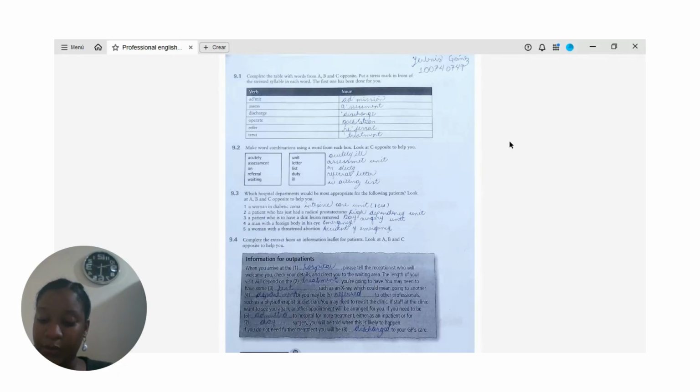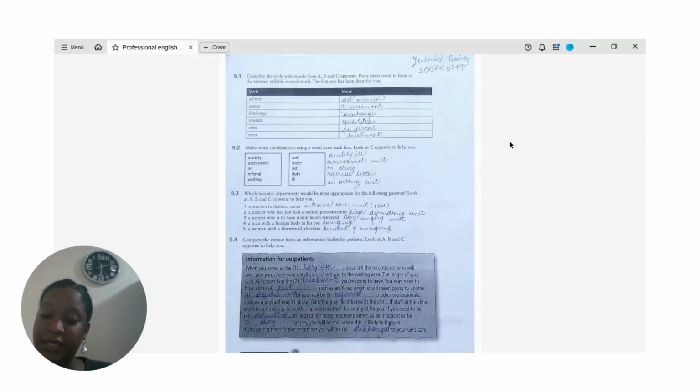A patient who is to have a skin lesion removed: day surgery unit. 4. A man with a foreign body in his eye: emergency. 5. A woman with a threatened abortion: accident and emergency.